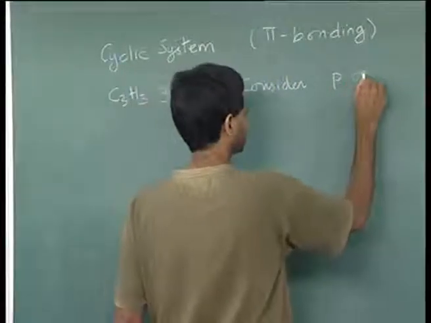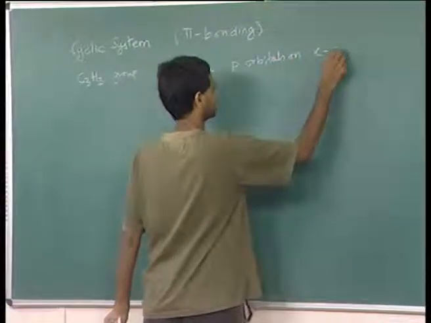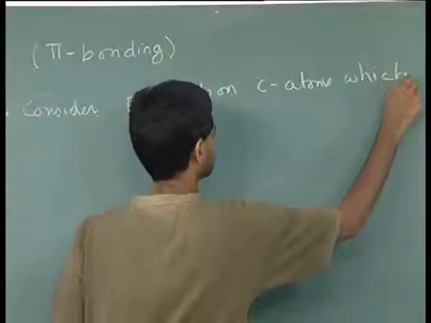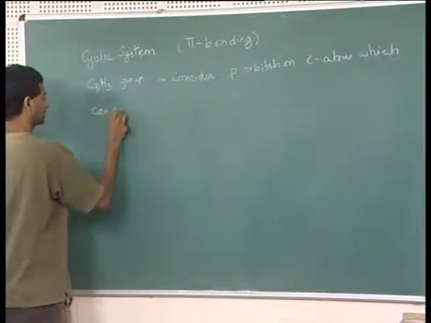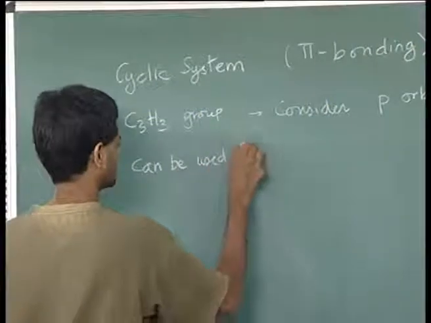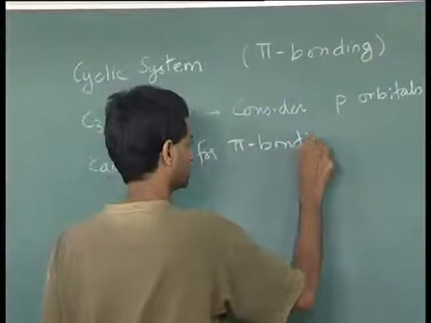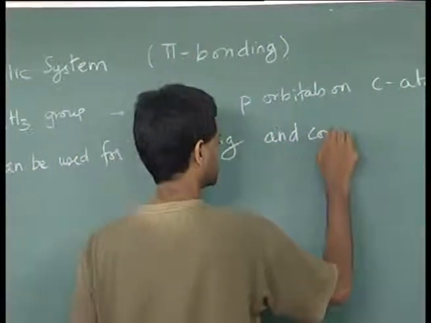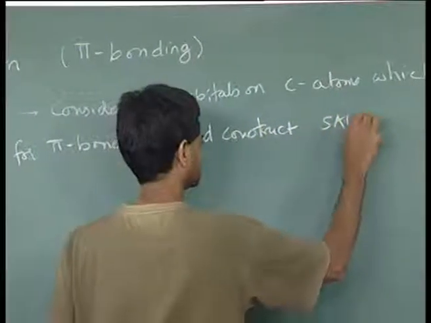Consider p orbitals on carbon atoms which can be used for pi bonding, and construct SALCs.